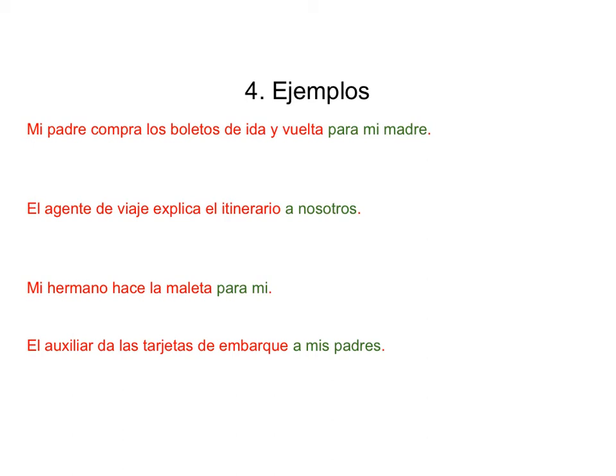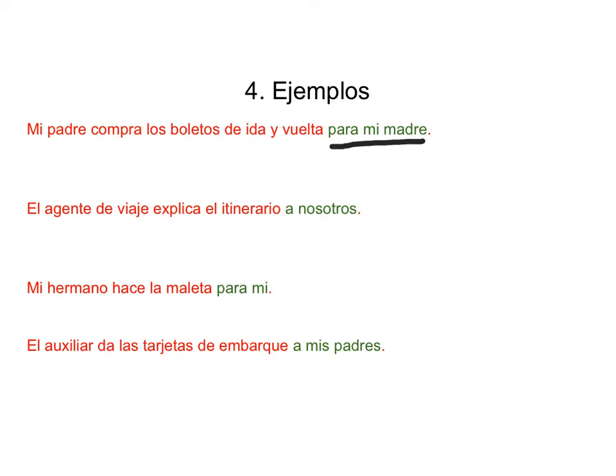So now let's practice with some examples here to kind of wrap our heads around where the indirect object is and then where we put the pronoun. So, mi madre compra los boletos de ida y vuelta para mi madre. So my indirect object is here in green, and I want to replace it with an indirect object pronoun.